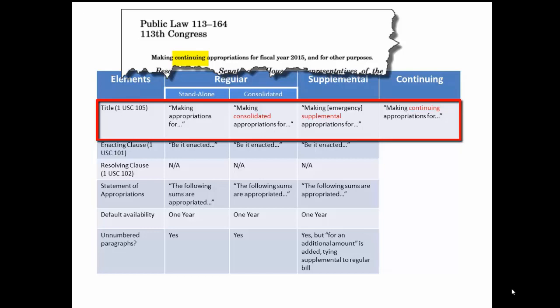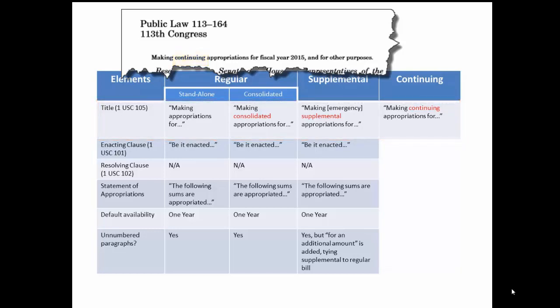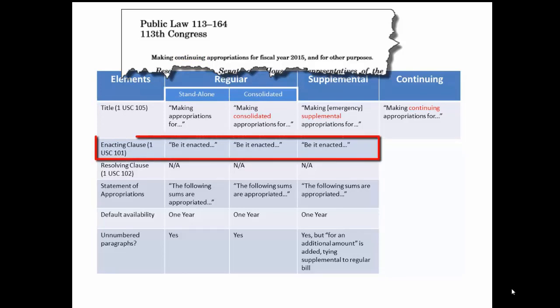In Module 1, we also learned that the Dictionary Act requires that acts of Congress have enacting clauses with a particular wording, and because both regular and supplemental appropriations are acts of Congress, they have an enacting clause. But here we find a slight difference with a continuing appropriation.